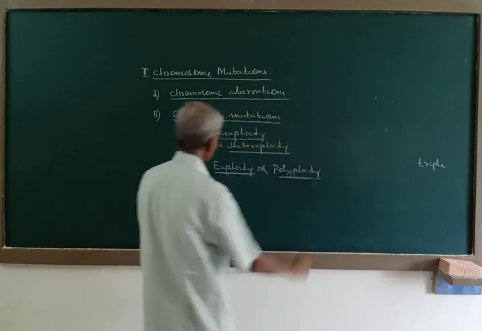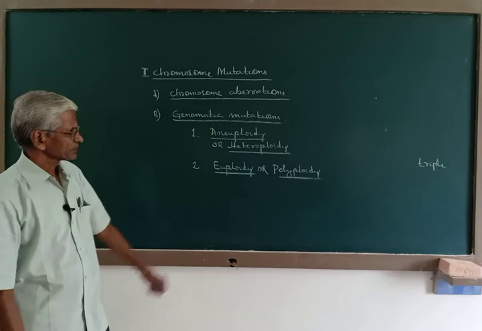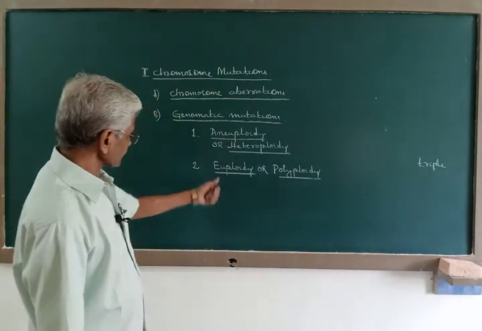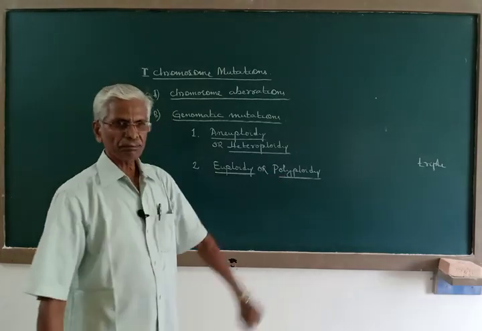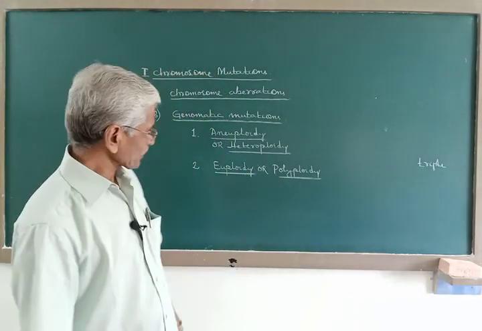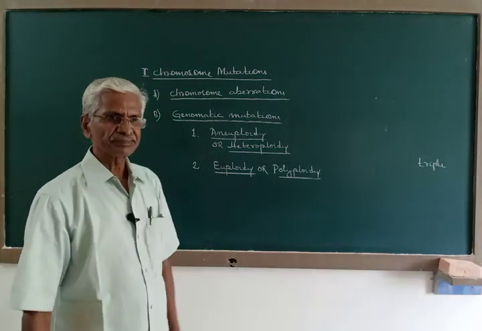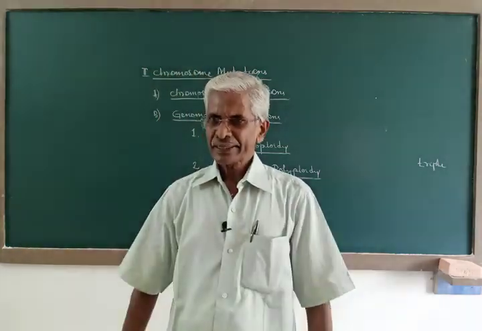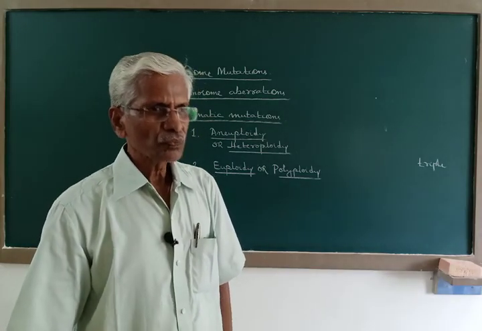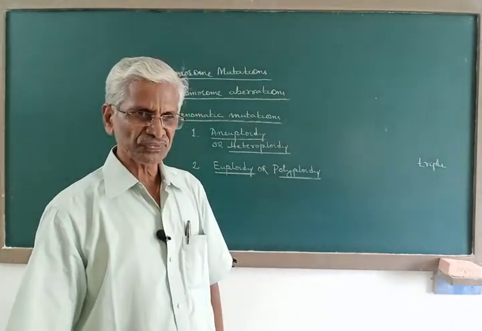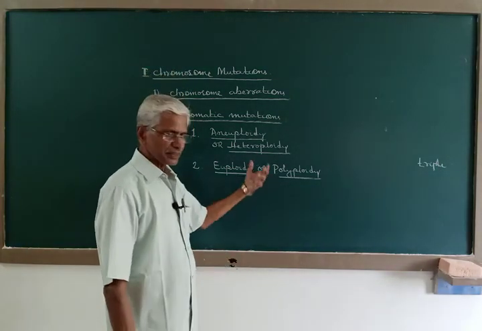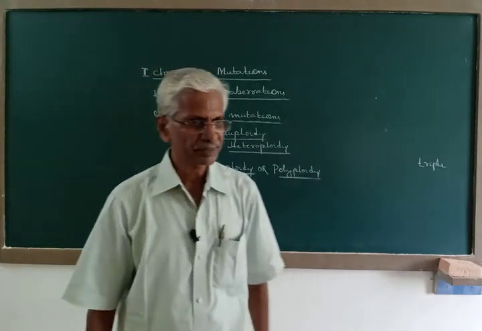Now, what is euploidy or polyploidy? Euploidy or polyploidy is the condition where one or more sets of chromosomes are added to the diploid number.